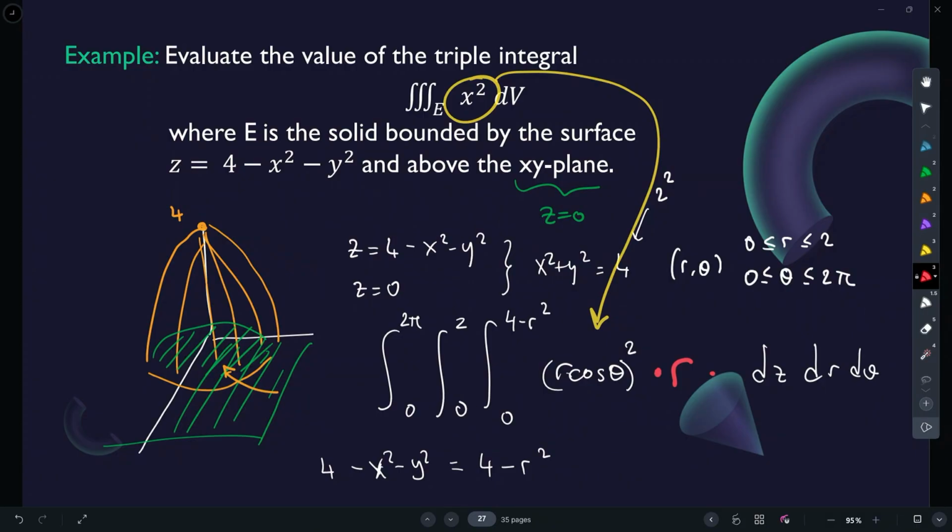So all in all, the inside of the function is r cubed cosine square of theta. That's what I have to integrate. In the polar coordinates, the z coordinate stays the same. The polar coordinates are r, theta, z value. So the z doesn't change in any way. When the symmetry is about the z-axis, the z stays the same.